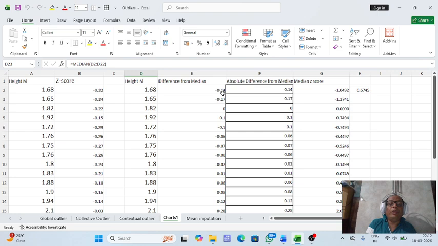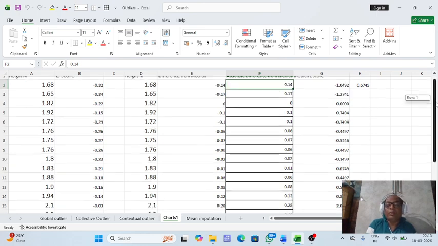Then the difference from the median, so 1.68 minus 1.82. Then the absolute difference from the median. We have to take the absolute difference, which means all the negative values will obviously become positive. So this is the mod of the value.